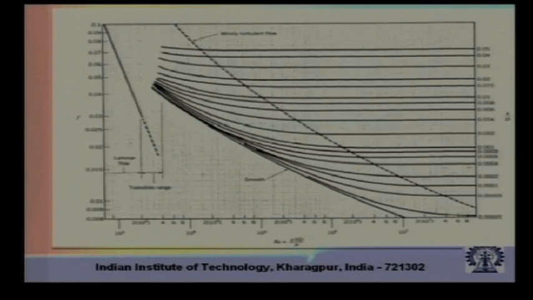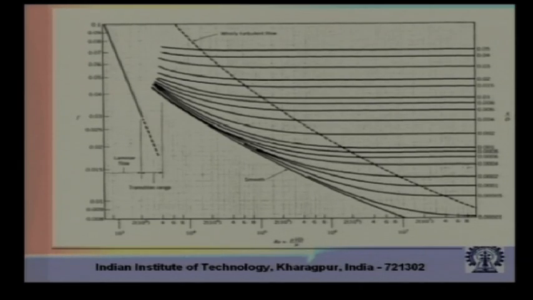Friction factor is an indicator of what? Wall shear stress. Wall shear stress for a given flow rate is greater for what, laminar flow or turbulent flow? Because you have almost a uniform velocity profile in a turbulent flow, you have a very high velocity gradient close to the wall. So for a given flow rate, the wall shear stress is higher for the turbulent flow, and that is why the friction factor suddenly jumps from a low value to a high value.